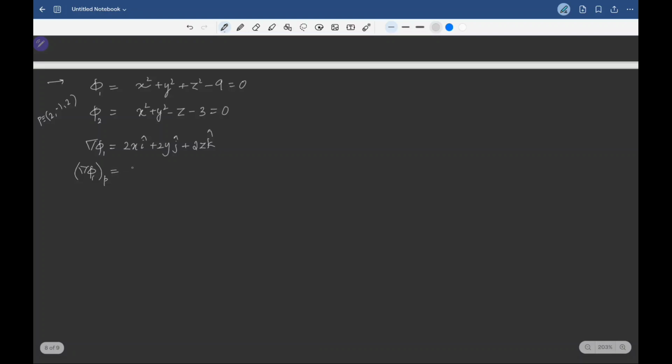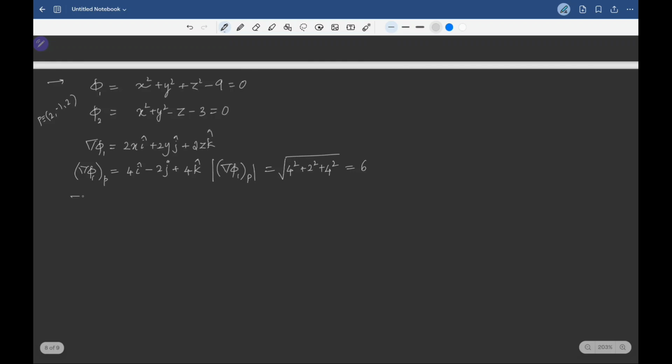So at this point, when we substitute, 2 into 2 is 4 i cap, minus 2 into minus 1 is minus 2 j cap, plus 2 into 2 is 4 k cap, and the absolute value of this is del phi 1 at P. The absolute value is under root 4 squared plus 2 squared plus 4 squared, which is 16 plus 4 plus 16, 36, root 36 is 6.